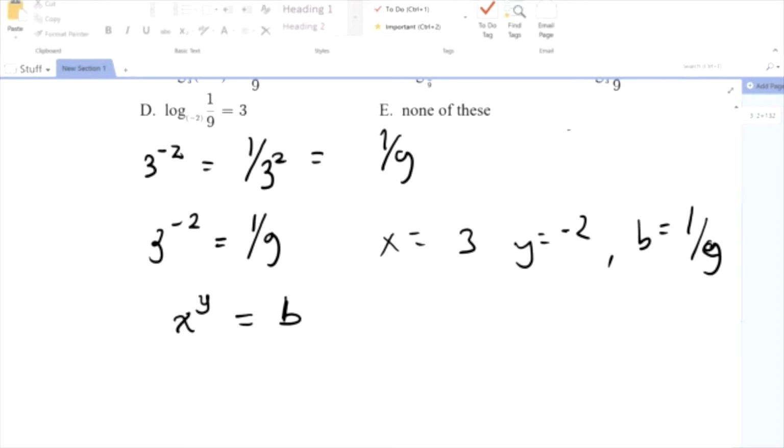Well, we know that anytime you have an expression of this form, it is the same as saying the log of base x to b is equal to our y.